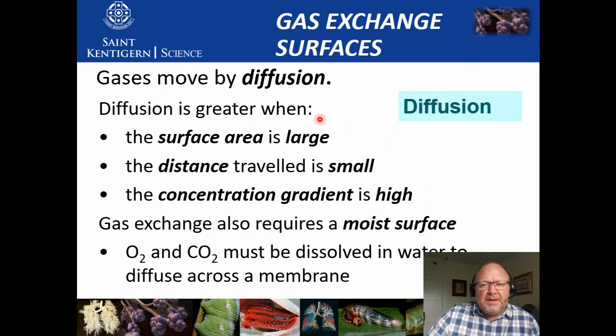Your job is to compare how the different animals get and maintain a large surface area, in other words what protects it and what actually makes it big, how they get and maintain a short distance, how they maintain their concentration gradient, and how they maintain a moist surface.